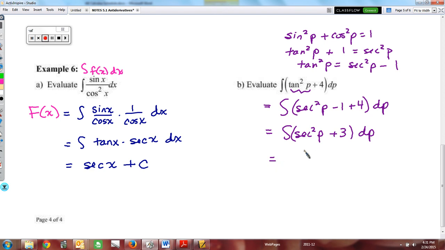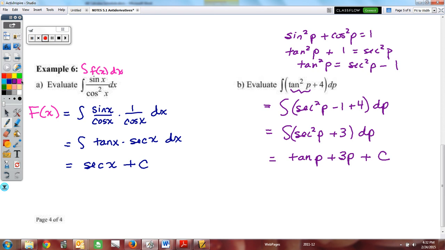Secant squared is a derivative I know. Secant squared is the derivative of tangent. So now I can work backwards and do tangent of p plus, be careful here, 3p plus c. Remember, you've got to get that plus c in.